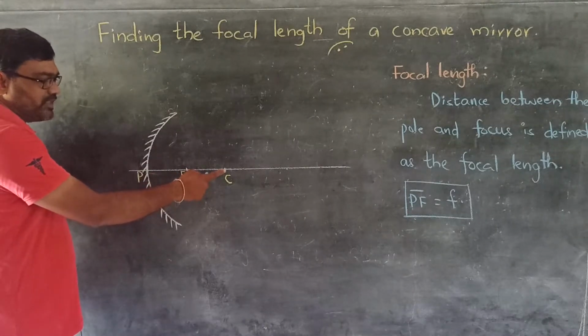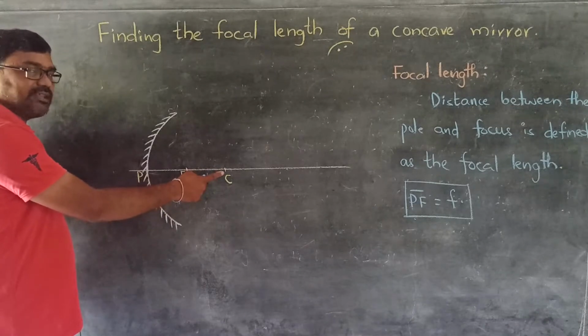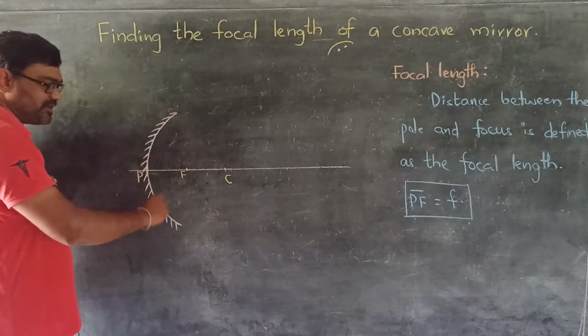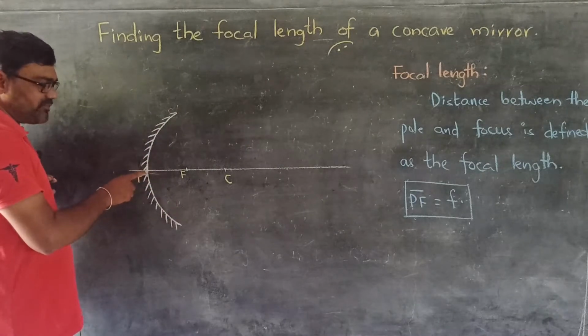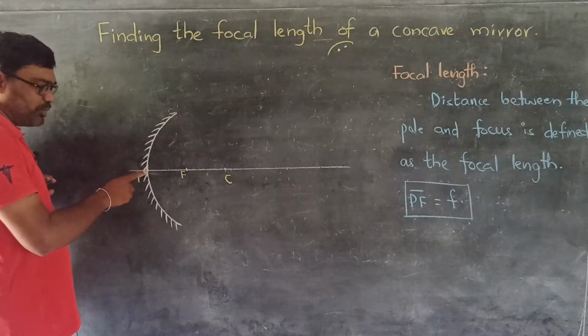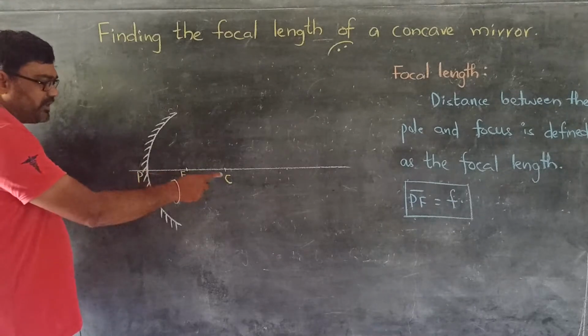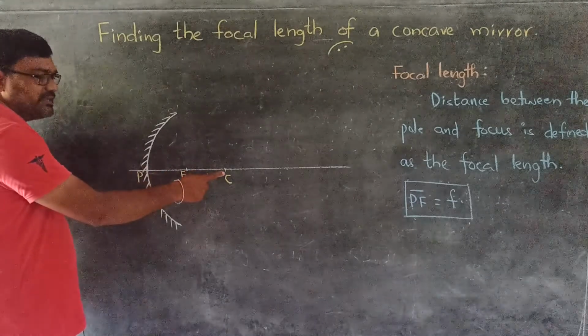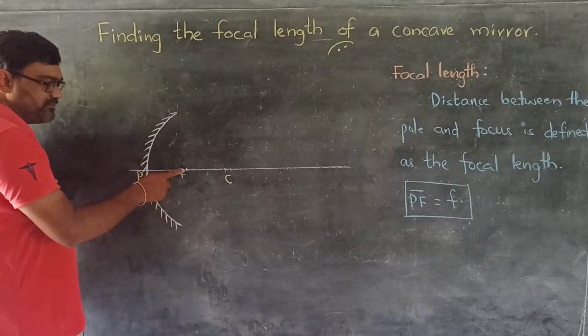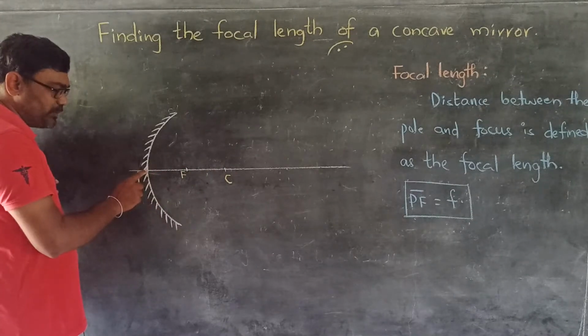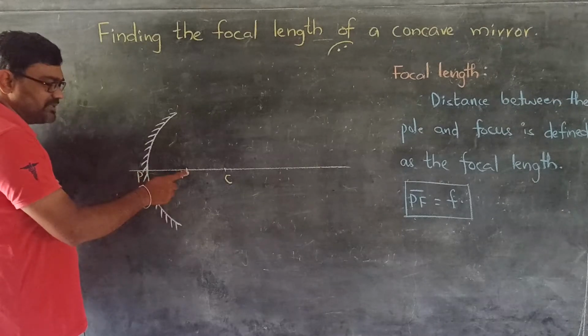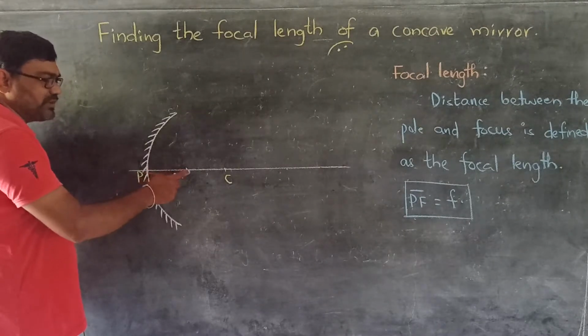That means the point is the center of the sphere from which this concave mirror is taken. So this is the center of the mirror, which is nothing but the pole, and the midpoint of this pole and this center of curvature is F. This F is the focus. So the distance between this pole and the focus is known as the focal length.